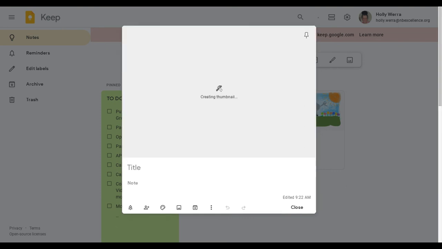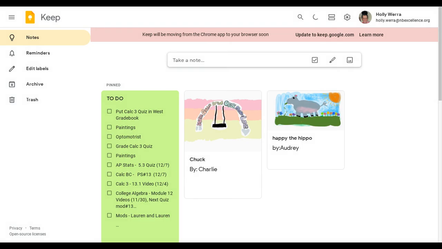You can see my kids' drawings here. Okay, let's try this one.